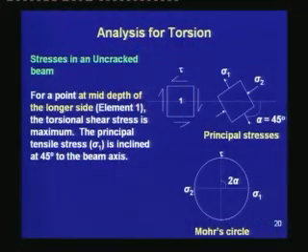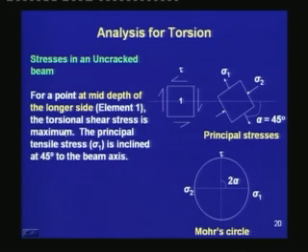Thus, before cracking, we are studying the RC beam as a homogeneous beam, and if we pick up an element which is at mid depth of the longer side, then we are able to understand how the principal stresses are oriented for that member, and then how the cracks will form when the maximum principal tensile stress crosses the tensile strength of concrete.